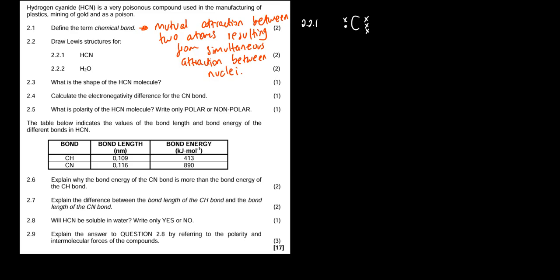So here it forms a triple bond with nitrogen, like that. Then you get your 2 marks. You know why it's 2 marks? It's because I've already given you all of them. So when it's just a matter of writing the one they are asking, it's not a lot of marks. You understand me?